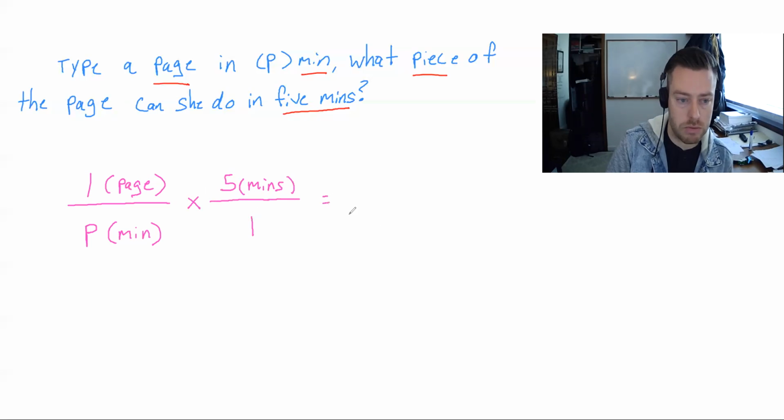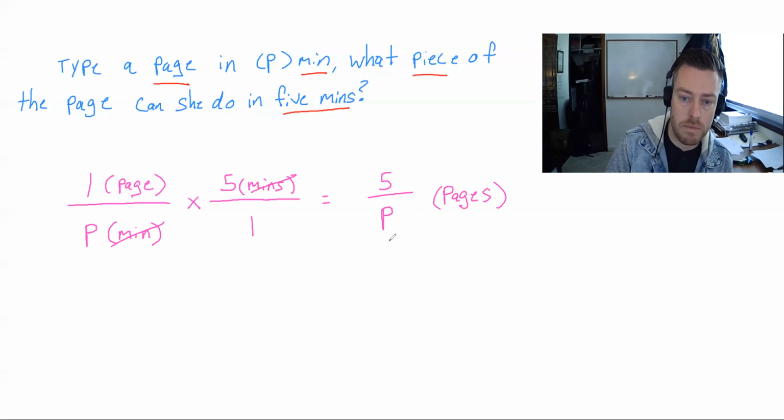This is really our problem, not too bad. The minutes are going to cancel out, and our final answer is she can do 5 pages divided by P. This is in terms of pages, how many pages she can do.